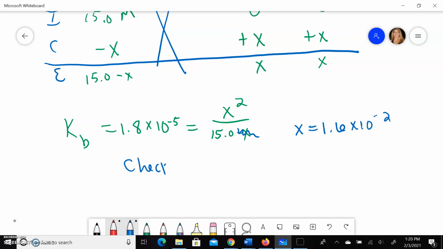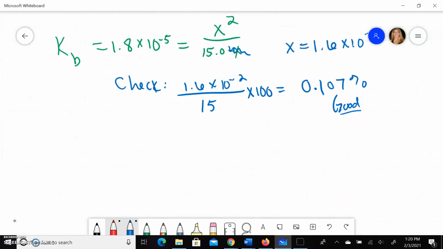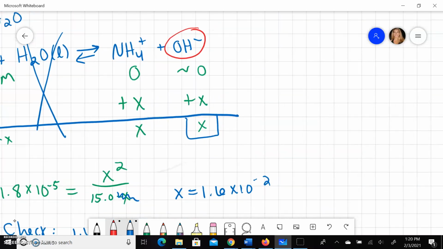Let's check. And the assumption is less than 5%, so we're good. So now we know what x is, and if you go back up here, x is the concentration of hydroxide.